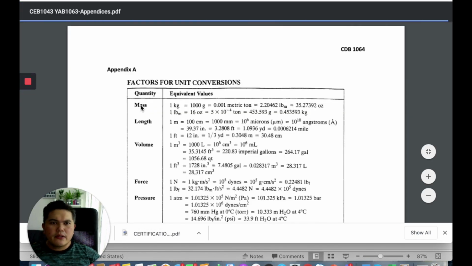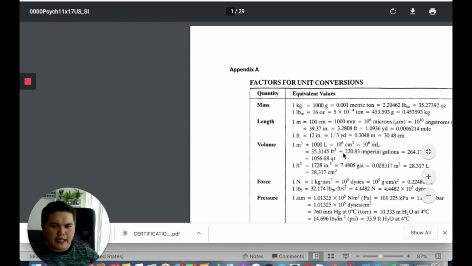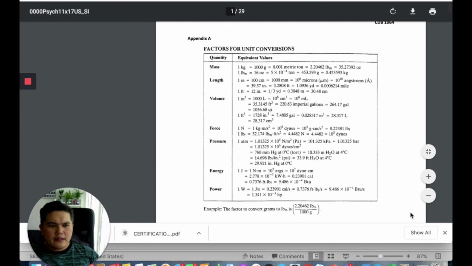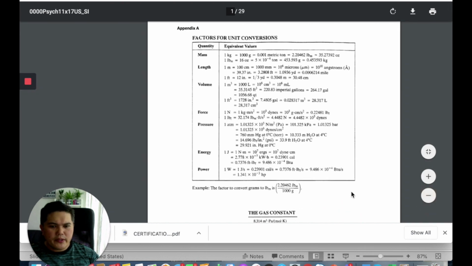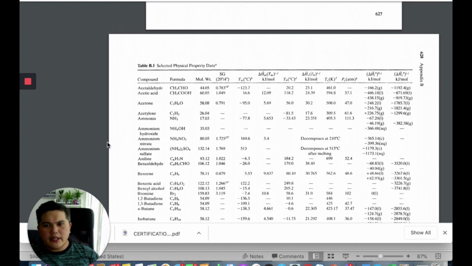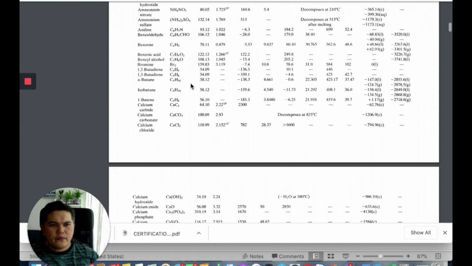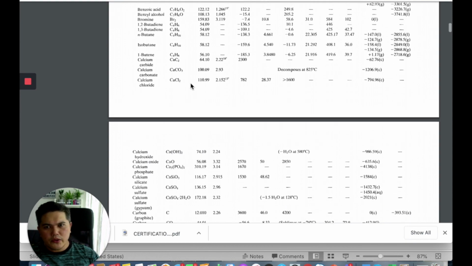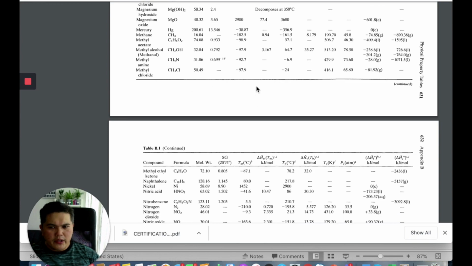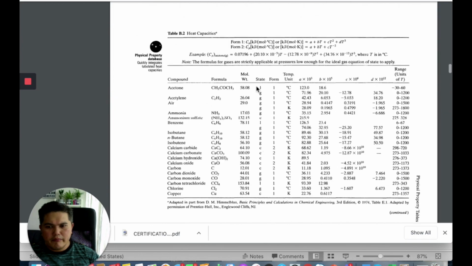We want to look at the right table to get the value for the enthalpy. Here this is table B1, selected physical property data, which we're also going to use in the future, but I'm going to bring you directly to table B.